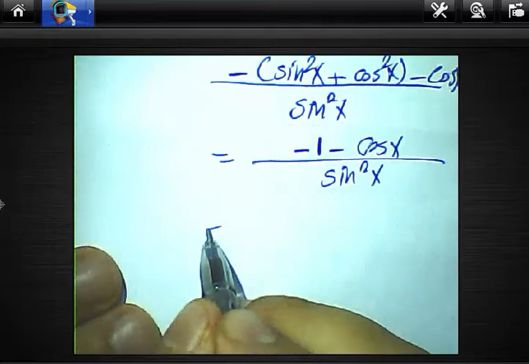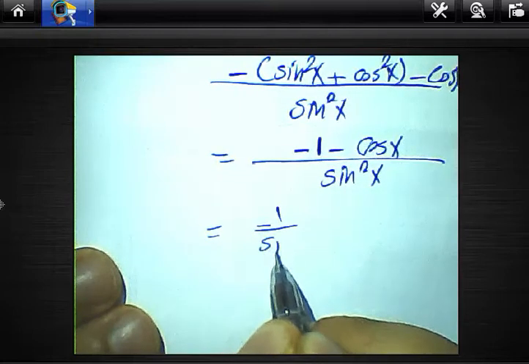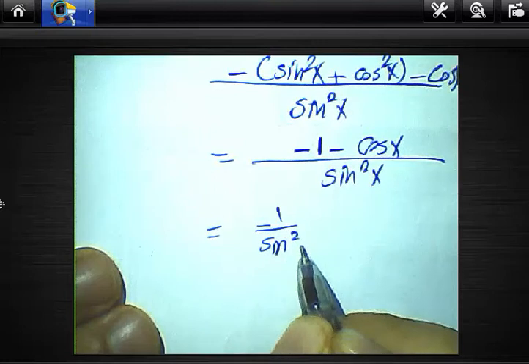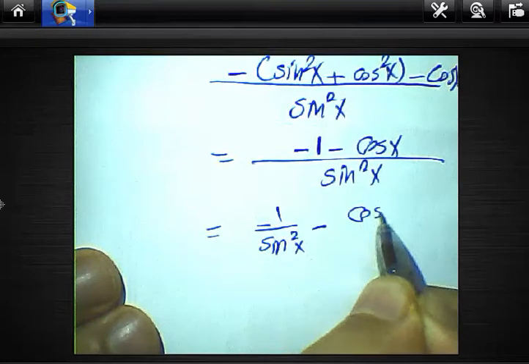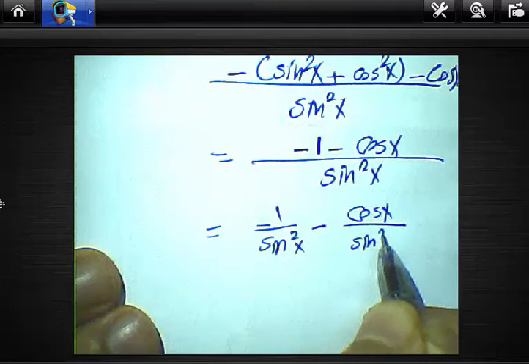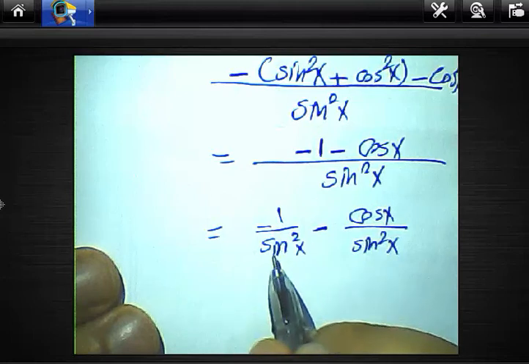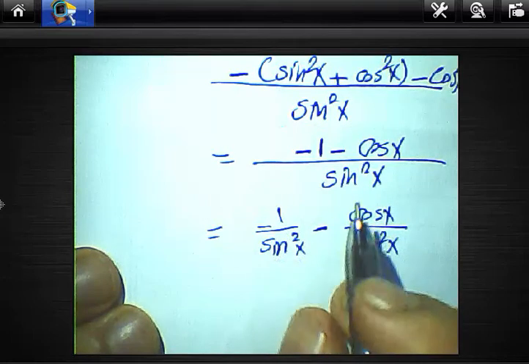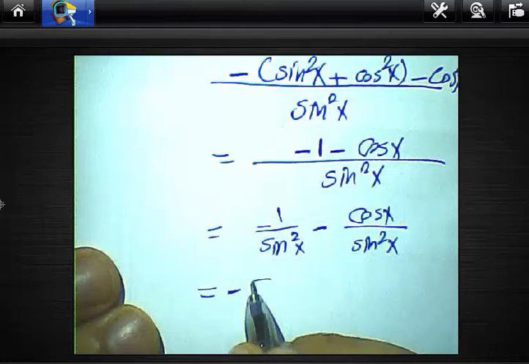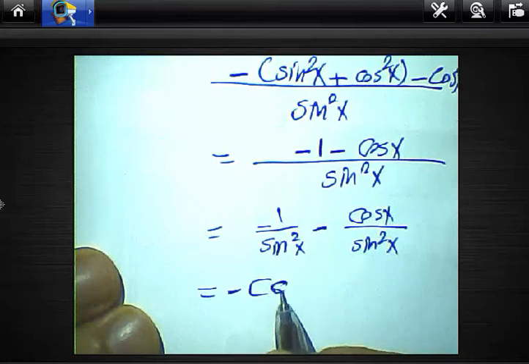We can simplify it here. The result will be negative 1 over sine power 2 of x subtract cosine x over sine power 2 of x. We know cosine over sine will be cotan. So 1 over sine power 2 is cosec, negative cosec.